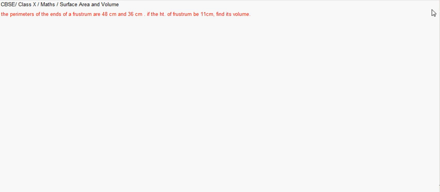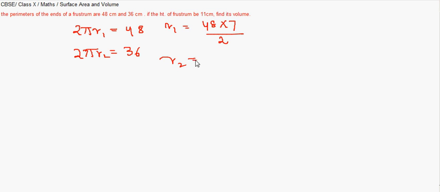Suppose the small one I take is 2 pi R1, and 2 pi R2 is equal to, this is the small one, this is the large one, so I am getting R1 will be 48 into 7 by 22 and R2 will be 36 into 7 by 22. Oh, this is not 2, this is 22, sorry.